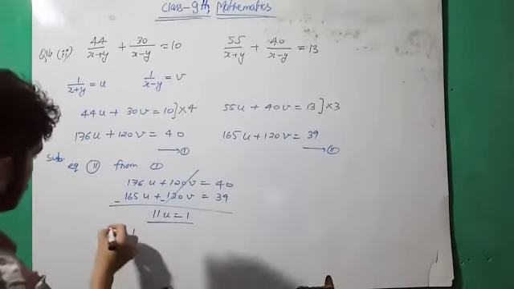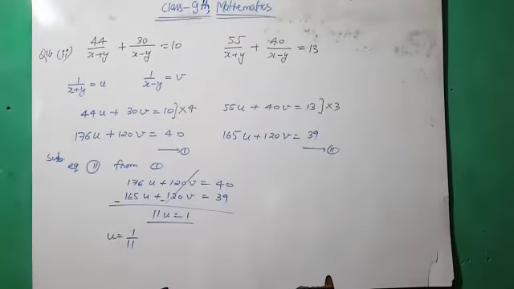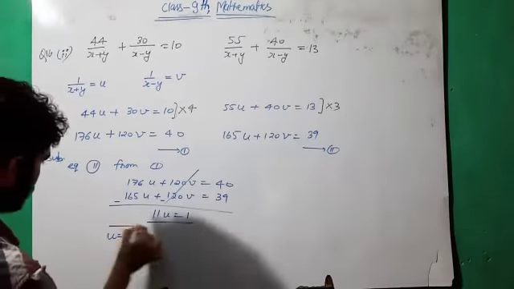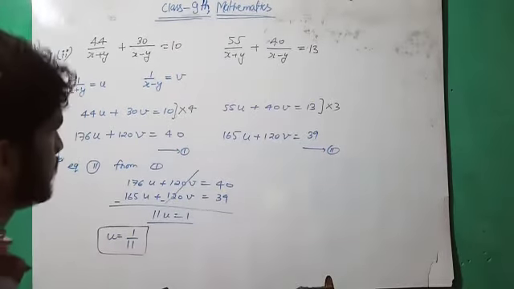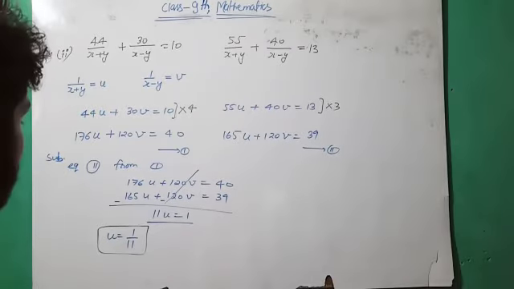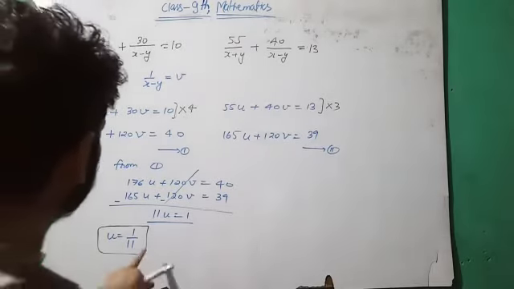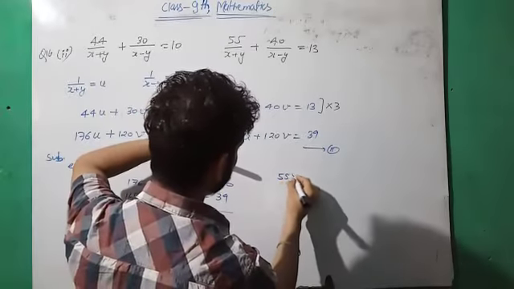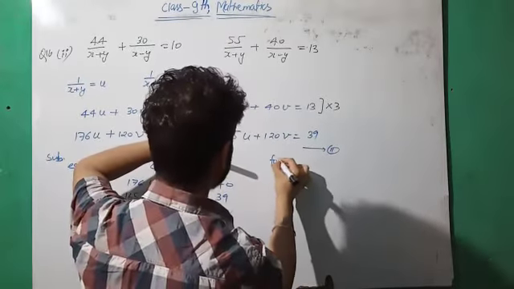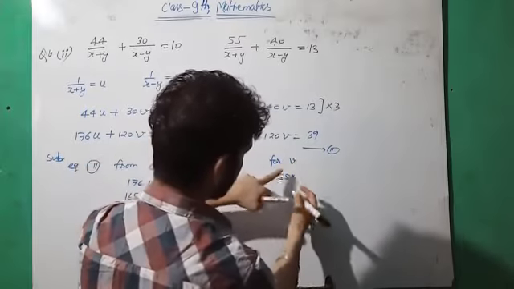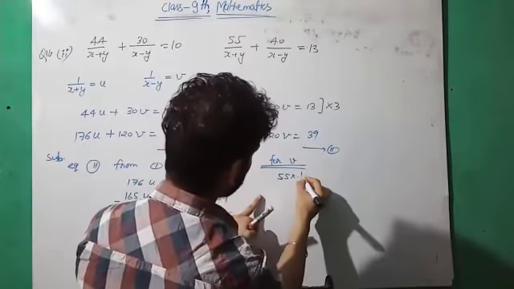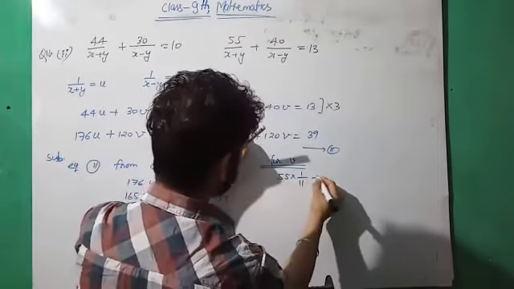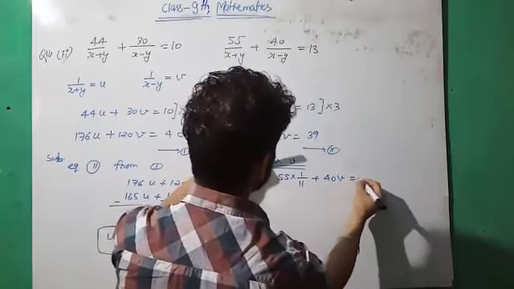Now we have to find the value of v. Since u equals 1 by 11, put the value of u in any of the equations. Taking 55u plus 40v equal to 13, 55 into 1 upon 11 plus 40v equal to 13.